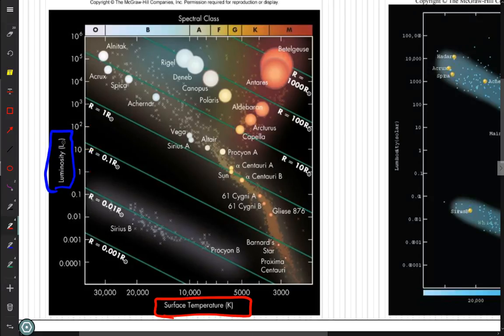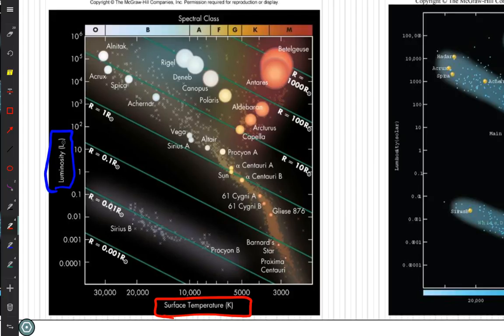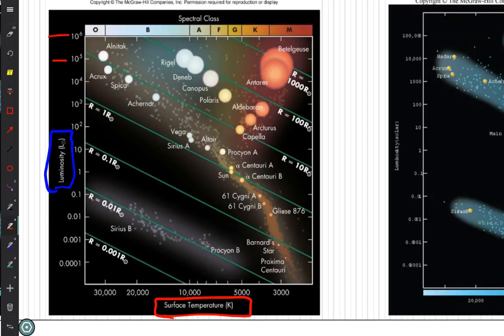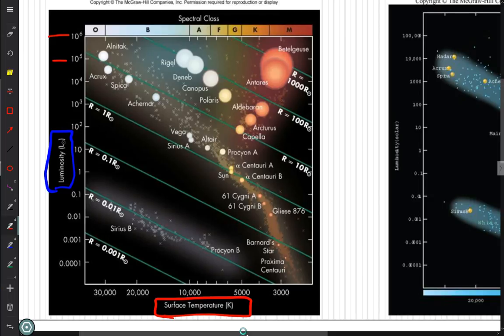It doesn't go 1, 2, 3, 4, 5. It goes 10 to the 1, 10 to the 2, 10 to the 3, 10 to the 4, 10 to the 5. So the difference between 100,000 and a million is 900,000. The difference between 1 and 10 is 9.